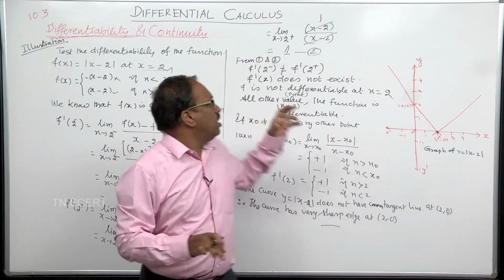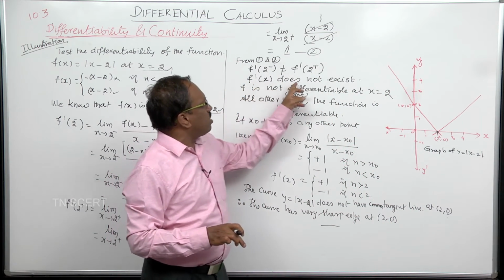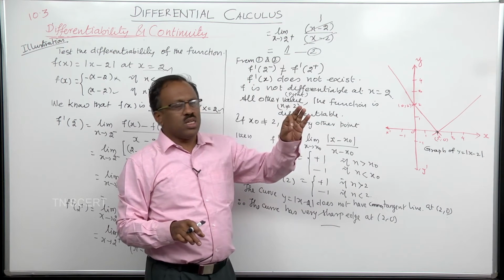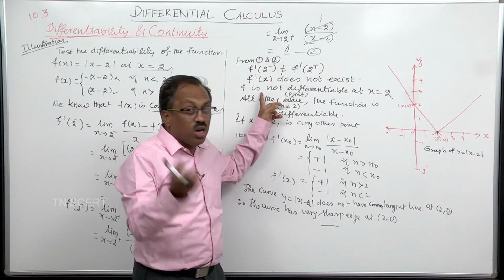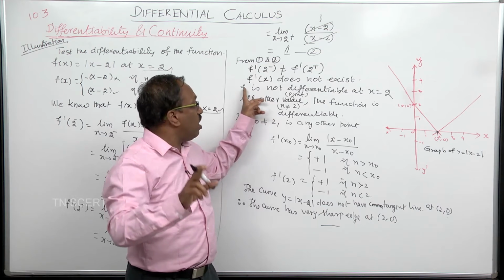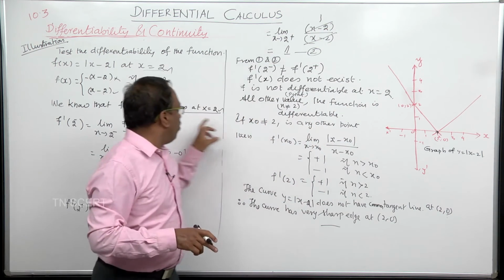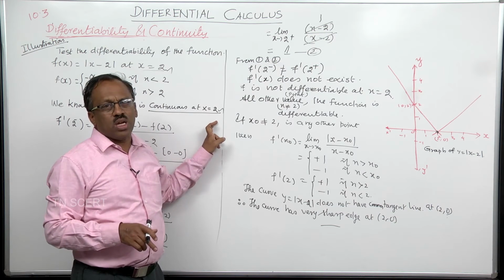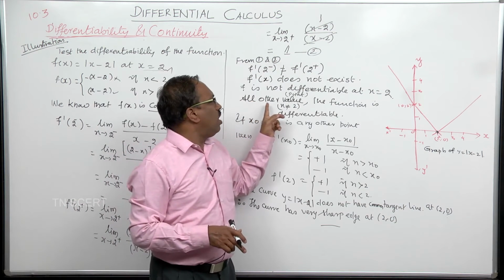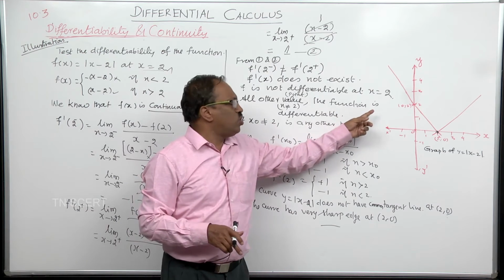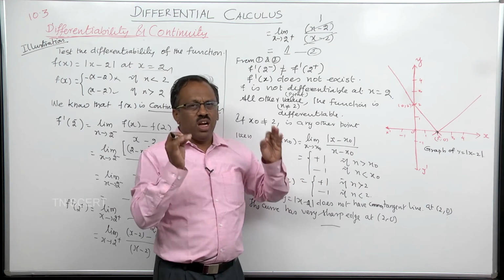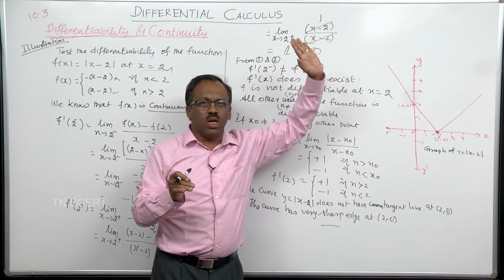In that case f dash of x does not exist. That means the function is not differentiable at x is equal to 2, whereas the function is continuous at x is equal to 2, and at all points other than 2 the function is definitely differentiable. Remember that.